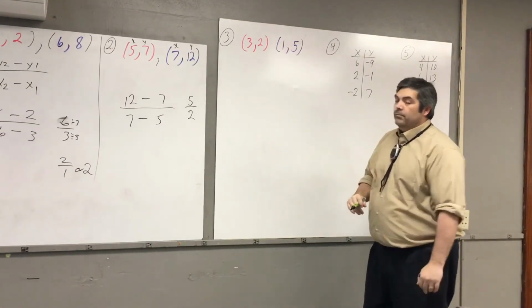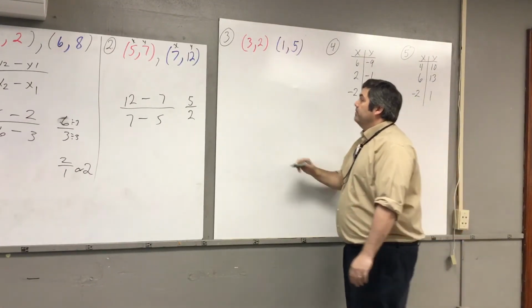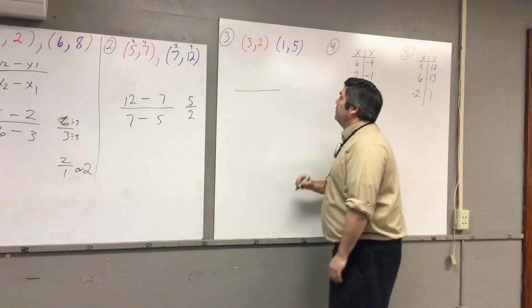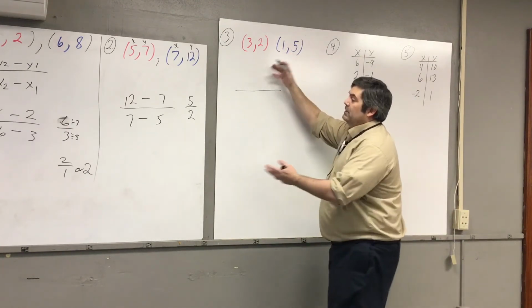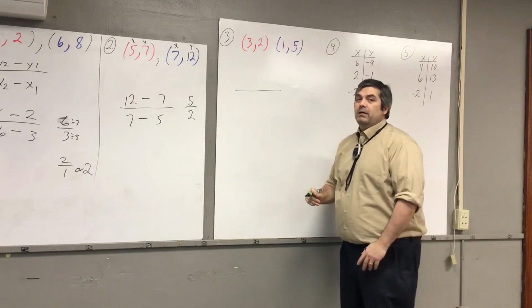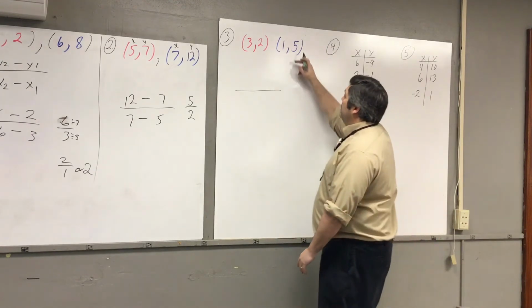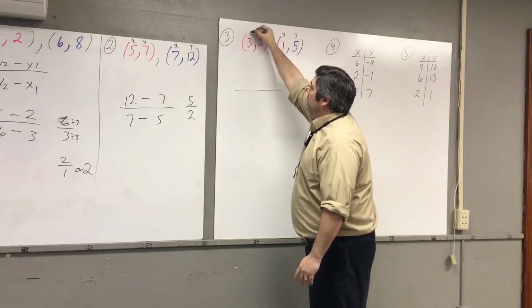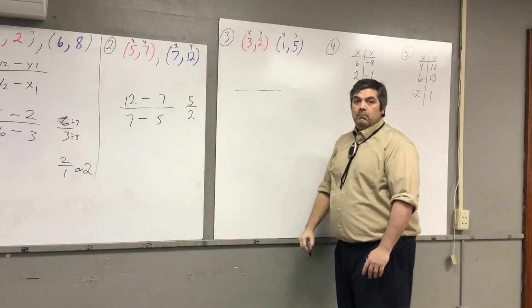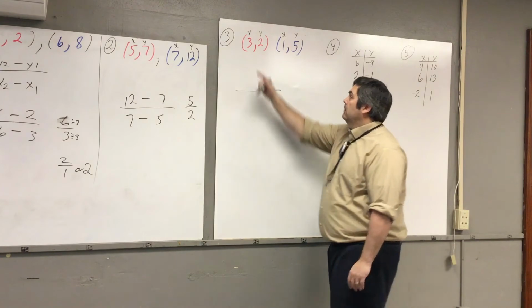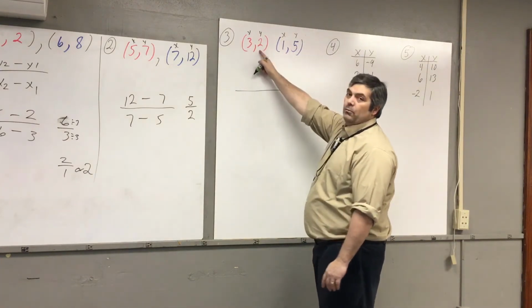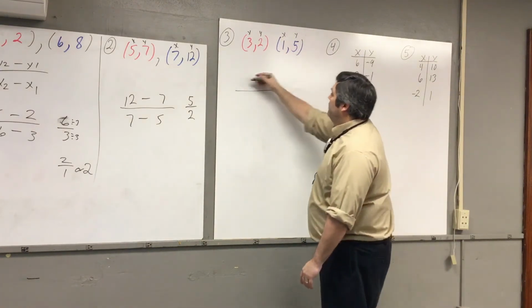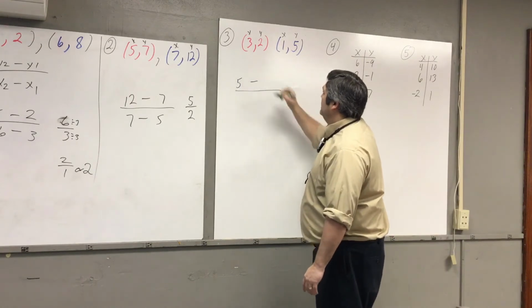Now we go through. Same setup. Here we go. I always put my biggest number first because it makes nice subtraction easier. That's just me. Okay? So here's the y. Here's the x. Here's the y. Here's the x. It's the same every time. First one's your x. Second one's your y. Alright, so 5 minus.